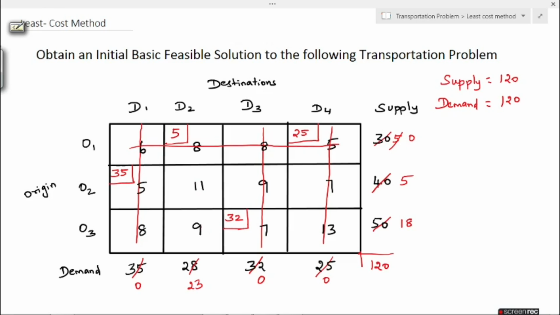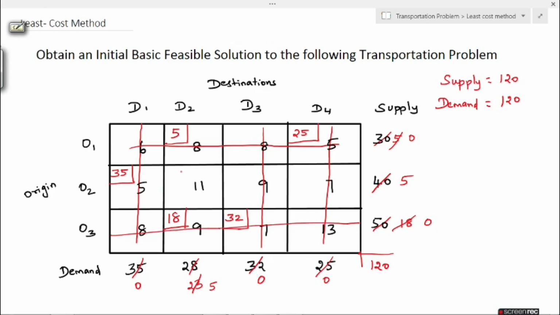Now the remaining values are 9 and 11. The least value is 9, so we allocate here. The corresponding supply is 18 and the corresponding demand is 23. The least one is 18. Now we subtract: 23 minus 18 is 5, and 18 minus 18 is 0. This allocation satisfies our supply because we have 0 here, so we cancel the corresponding row.